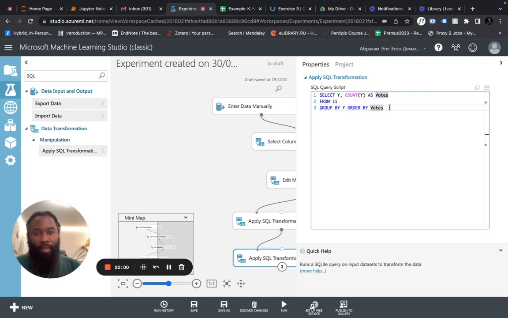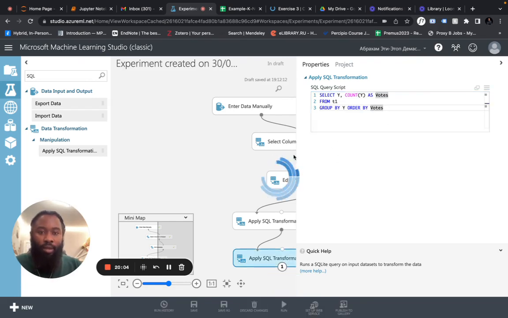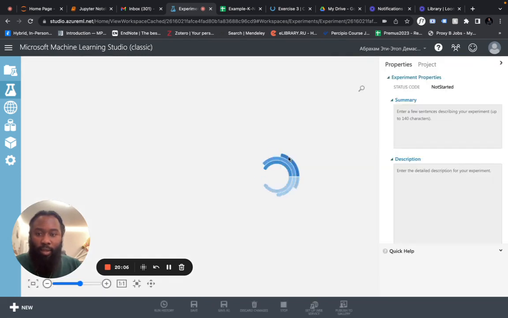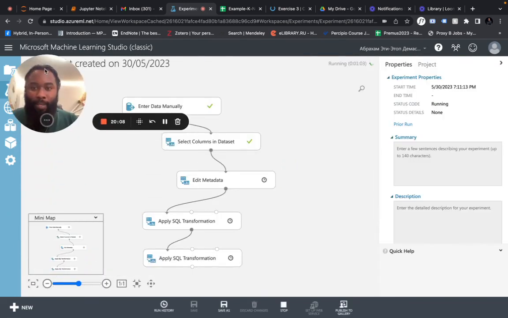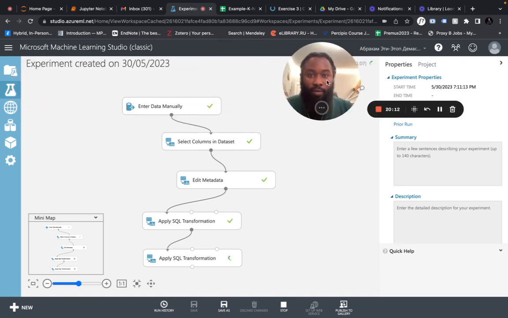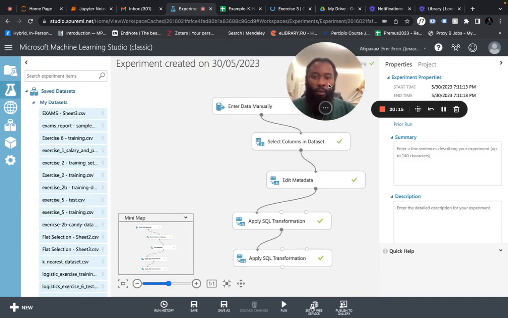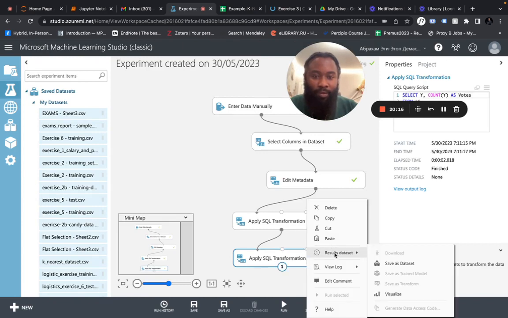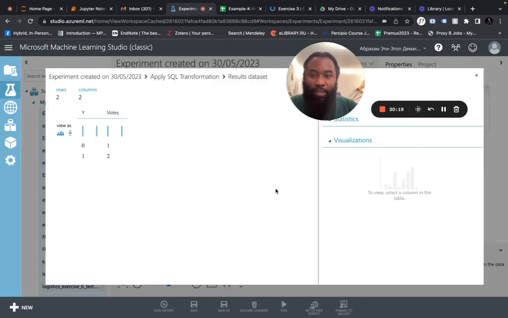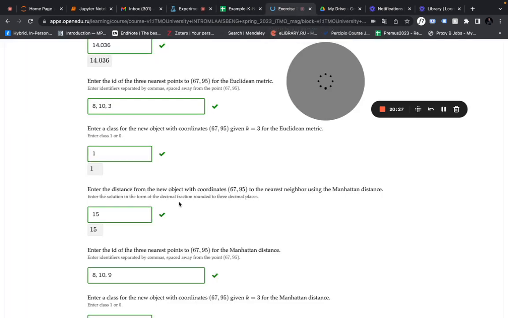Yep. All right, let's run this. Okay, studio is running. All right, let's visualize the results for the vote. And as you can see, 2 votes for 1 and 1 vote for 0. So our class is what? 1. So there we go.